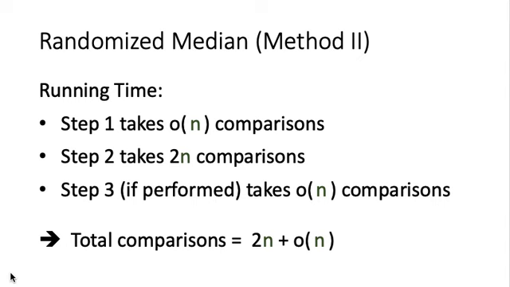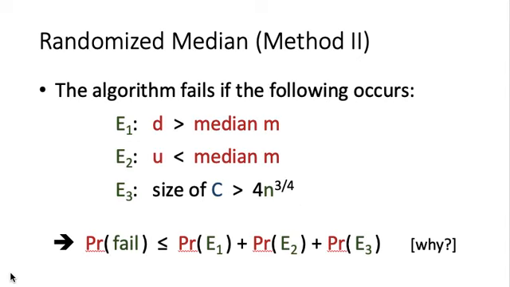So what remains is to analyze the probability of this algorithm failing. We want to show that this probability is really small. In other words, the chance for this algorithm to report the median is high.